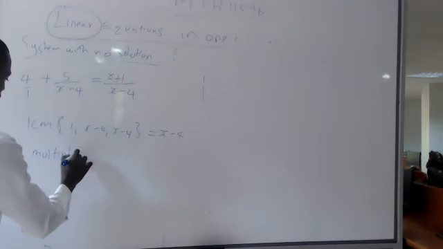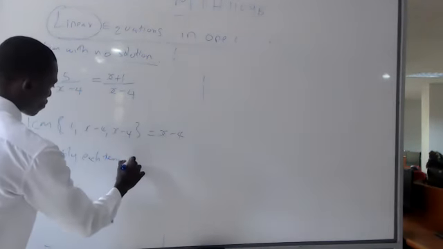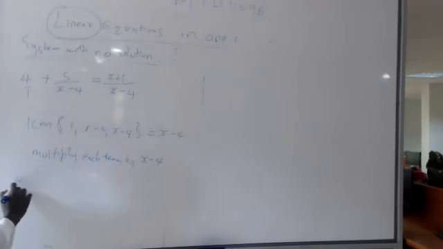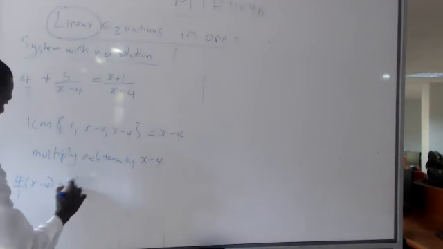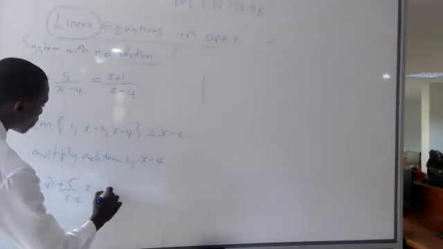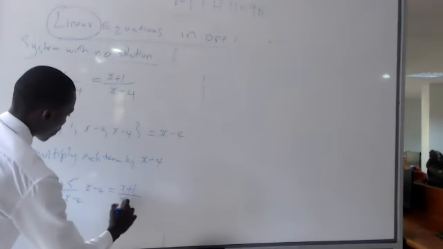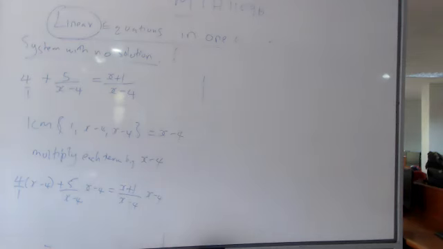Multiply each term by x minus 4. So we'll have 4 divided by 1 times x minus 4 plus 5 divided by x minus 4 times x minus 4 should be x plus 1 divided by x minus 4 times x minus 4.